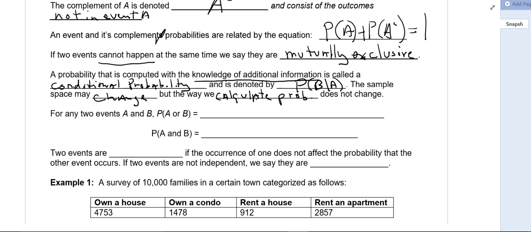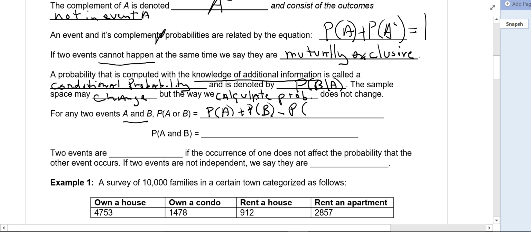For any two events A and B, we have two important formulas, right? The probability of A or B is the probability of the first one plus the probability of the second one minus the probability that both of them occur. The probability of A and B happening is the probability of the first one times the probability of the second one given the first one.